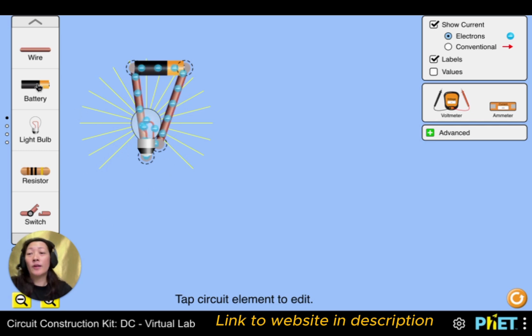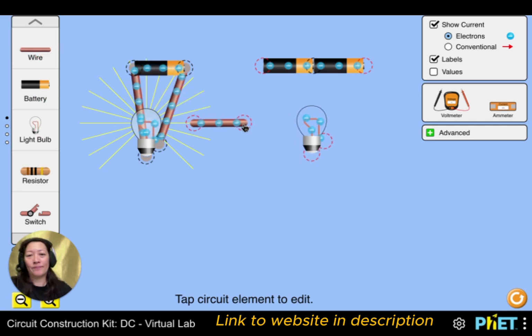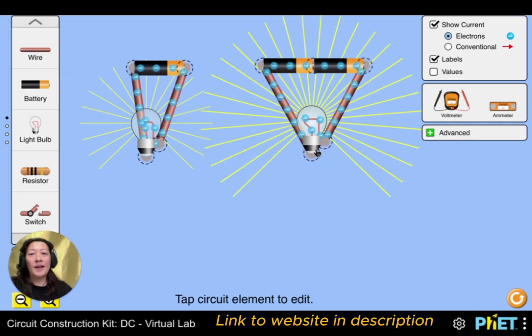Let's try this with 2 cells. Okay, they call them batteries here, but you and I both know it's called a cell. Now 2 cells make a battery. Let's put a single light bulb. And you can see how much brighter this light bulb is compared to this bulb when we place 2 cells instead of 1.